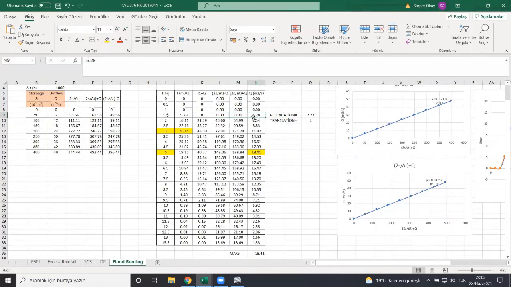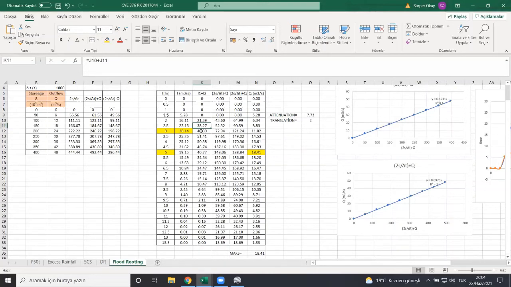Then what you need to do is, for the first one, you'll sum it with this one, and you'll get I1 + I2. For example, for this one, you'll sum 16.11 and 22.16, and you'll get this one. You'll fill this column like this.